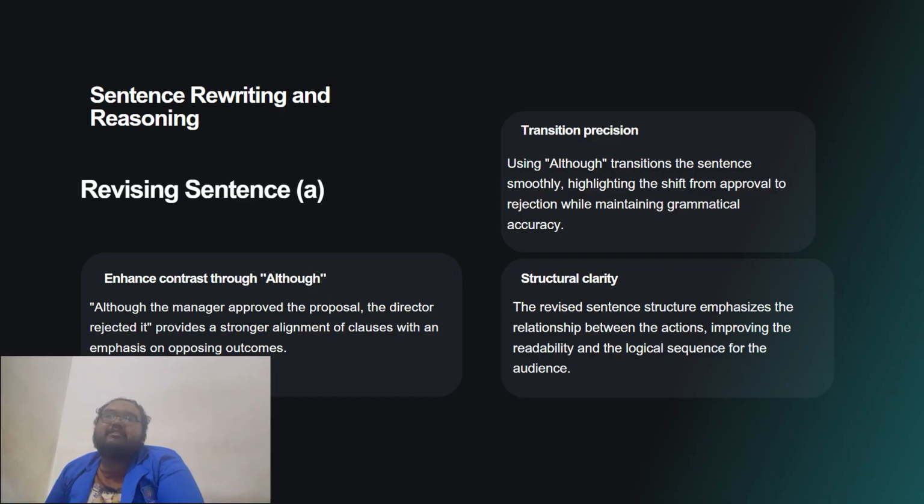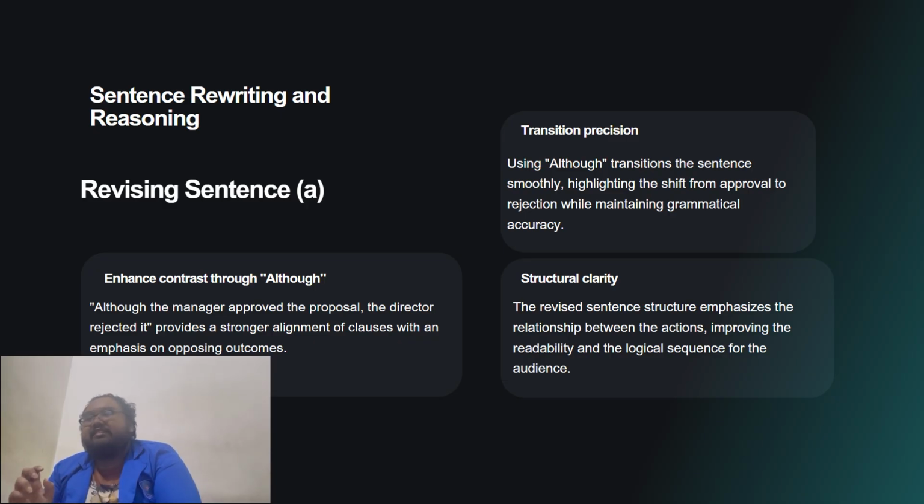Okay. Sentence rewriting and reasoning. Revising sentence A: enhance contrast through "Although the manager approved the proposal, the director rejected it." This provides a stronger alignment of clauses with an emphasis on opposing outcomes.